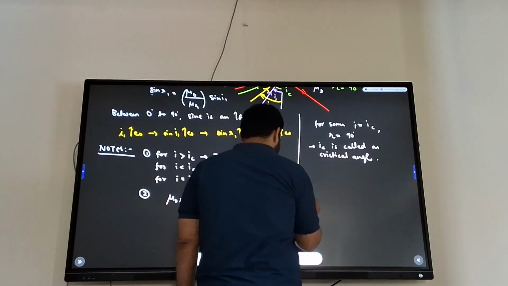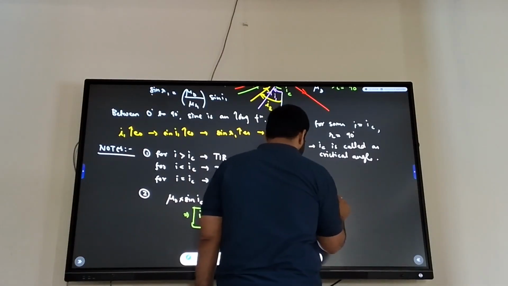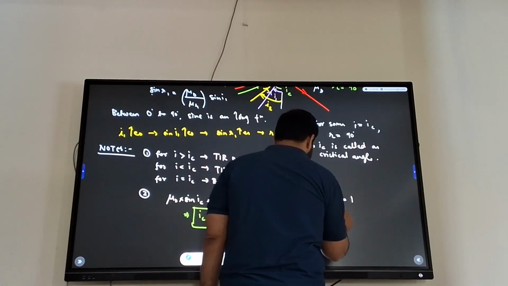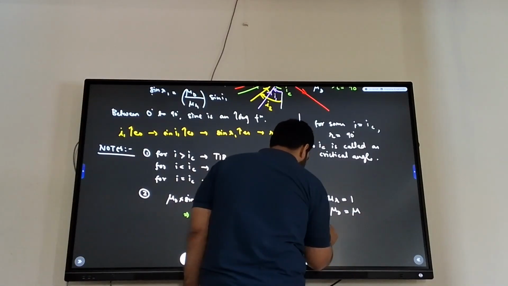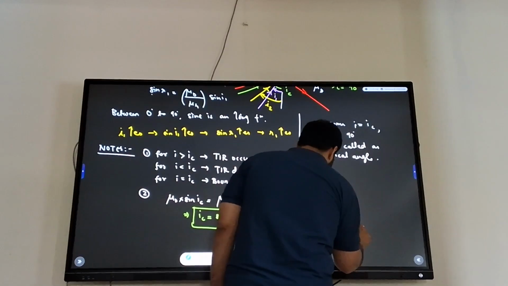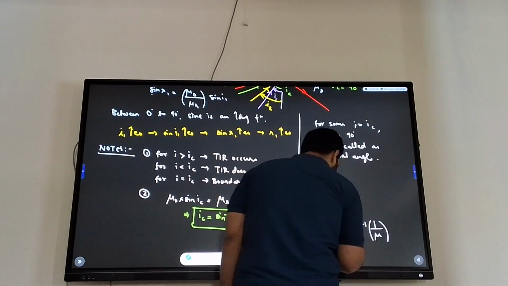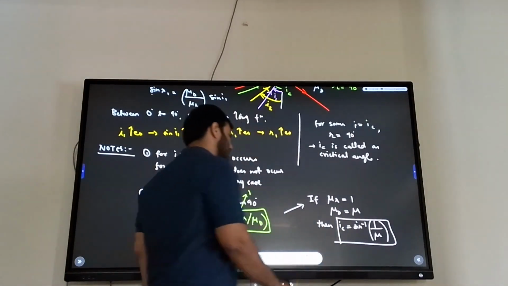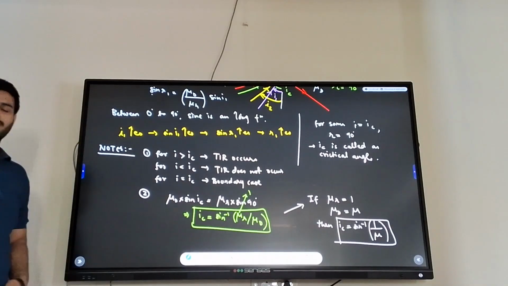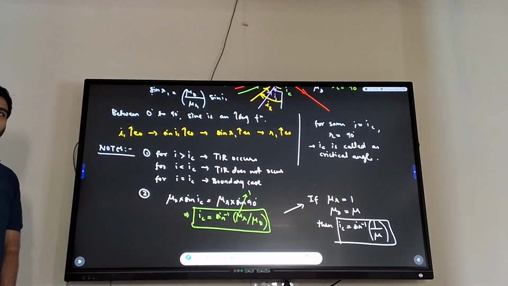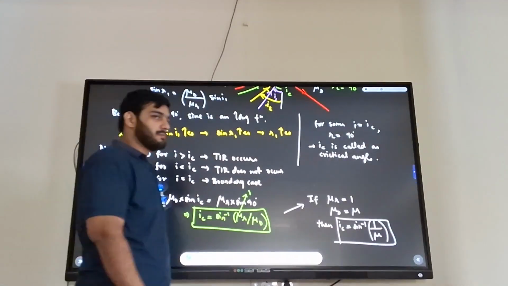Yes. If mu R is equal to 1 and mu D is equal to mu, then IC is very simply found as sine inverse 1 over mu. Fairly simple to find it. Is there any problem? Please remember this.